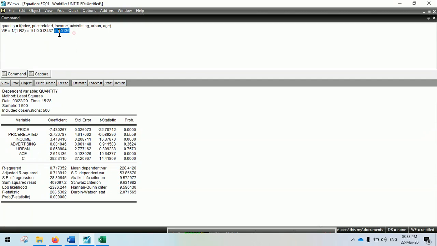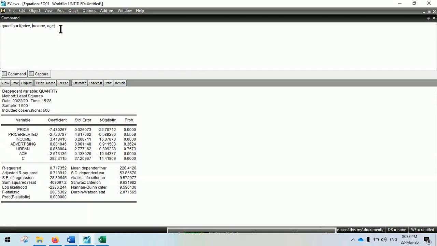So our new model will be like that: urban removed, advertising removed. So we will have price, income, and age. These three variables really have a significant impact.